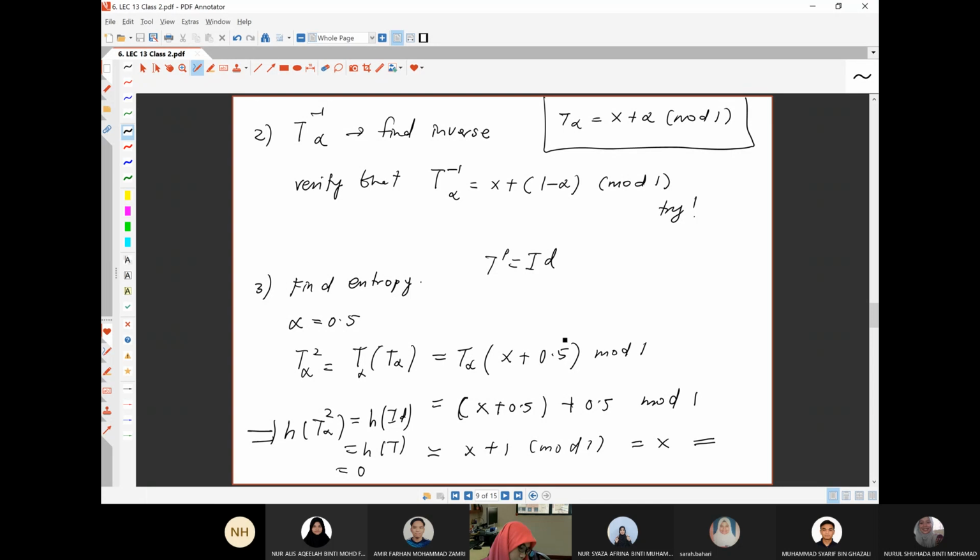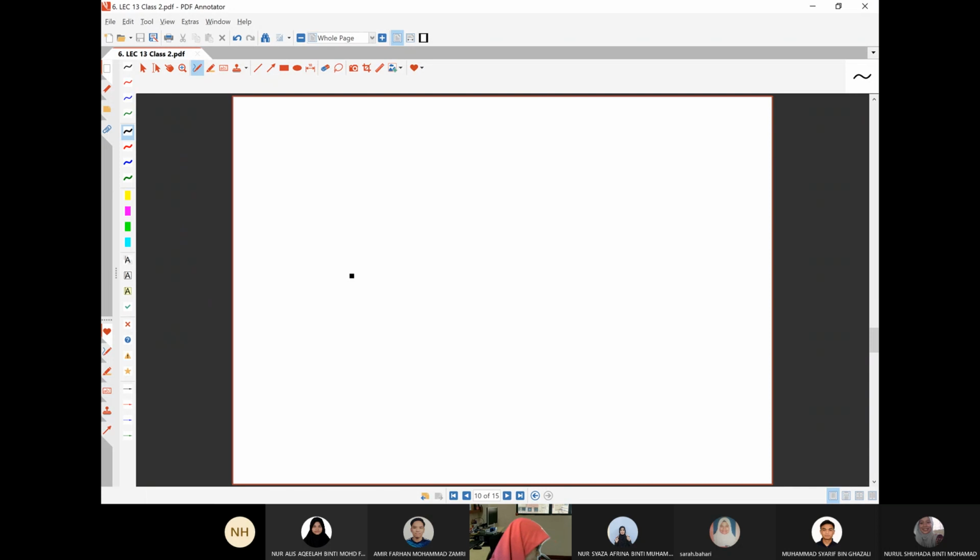Alright. What if we change the parameter alpha again? So let's say, what happens if alpha is 1/3? So periodic or not? If it's periodic, what is the period?